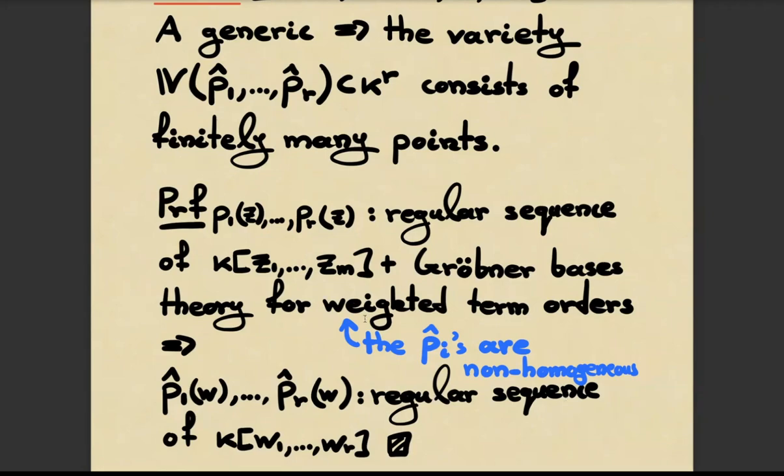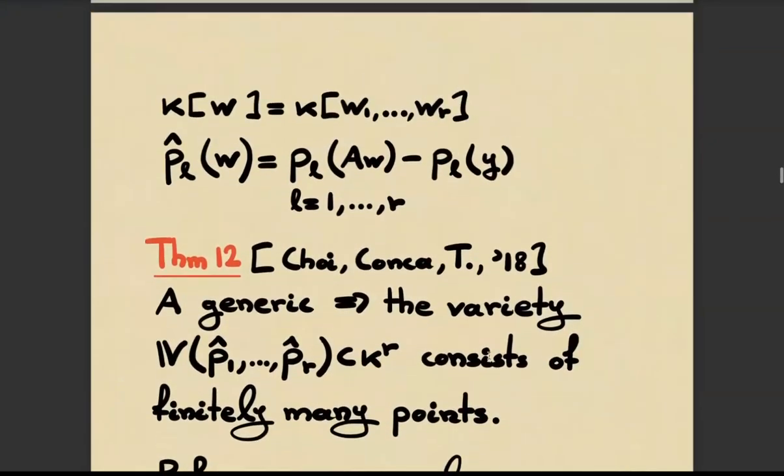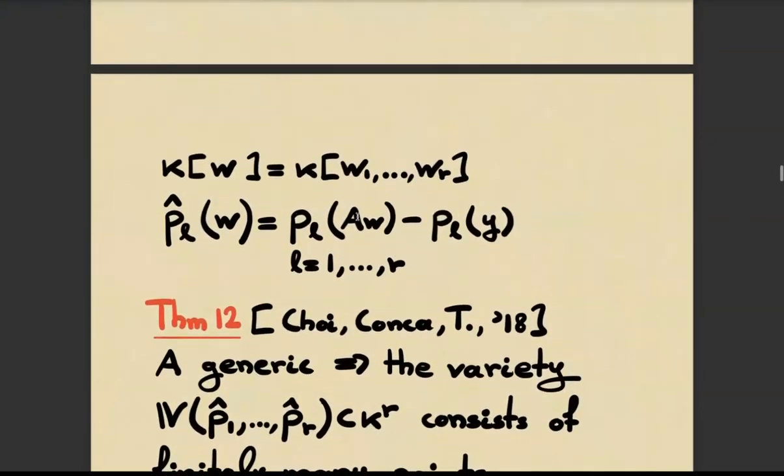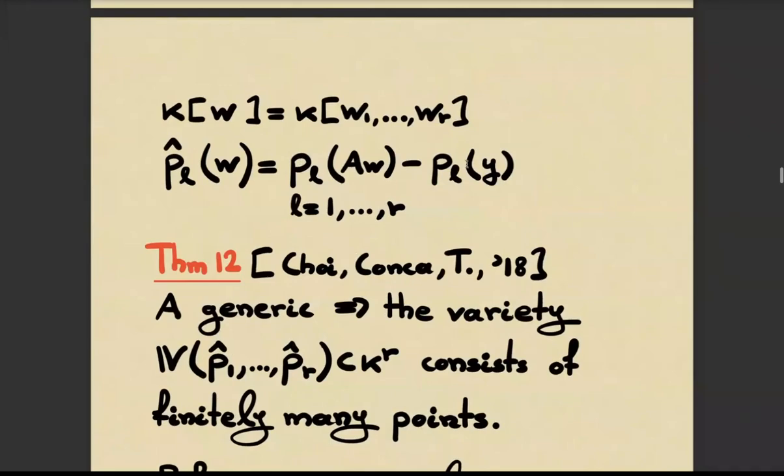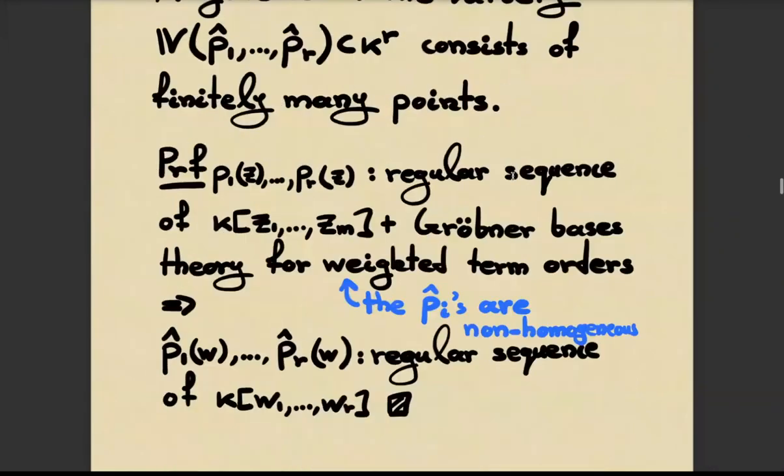And I just want to note here, for the commutative algebraists and algebraic geometers in the audience, that we use weighted Groebner basis theory because those polynomials, the P_L hats, are non-homogeneous. So indeed, they consist of a homogeneous term of degree L, and a constant term, which is just a number.